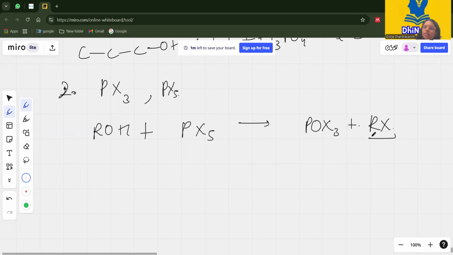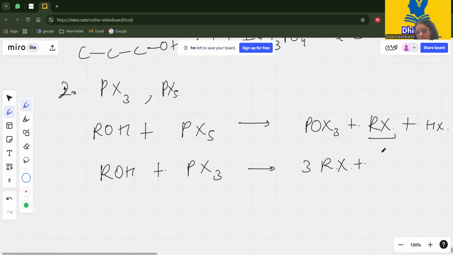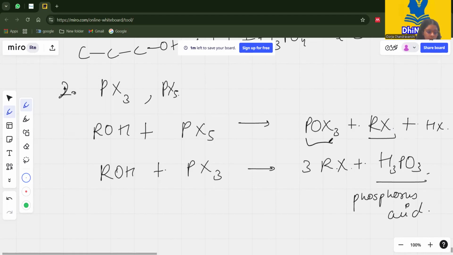This is of course my main product and what I require, along with HX. And 3ROH plus PX3 gives me 3RX plus H3PO3. What is the name of this compound? It is called phosphorous acid. And this here is called phosphorus oxychloride, oxychloride if it is using chlorine.